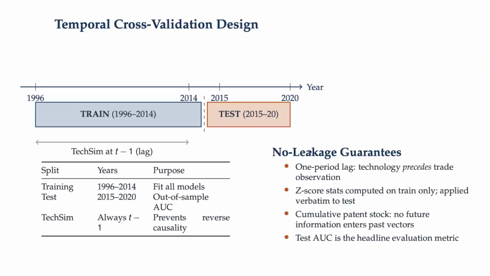For cross-validation, I set the training set from 1996 to 2014, and 2015 to 2020 is used as the test set. There are some historical events, especially in the semiconductor industry: from 2018 to 2020, the trade war between the US and China was happening. I tried testing on that specific subset of the test set, and the result doesn't change that much.